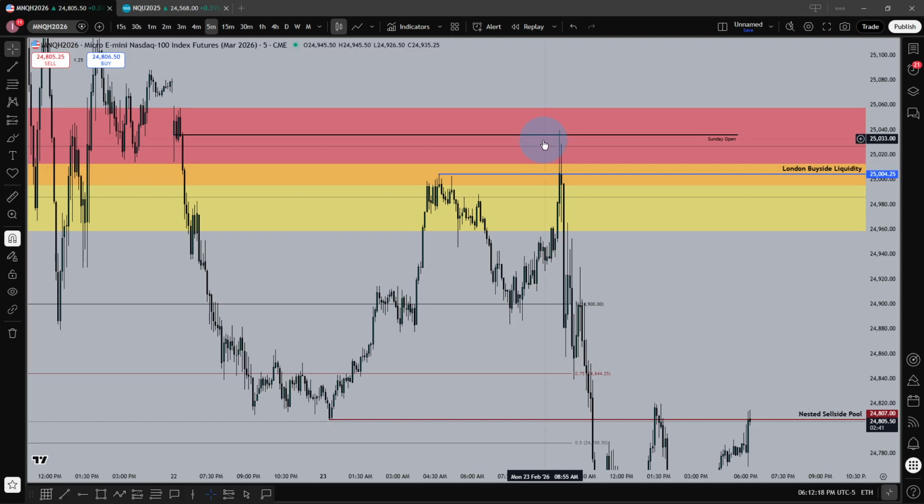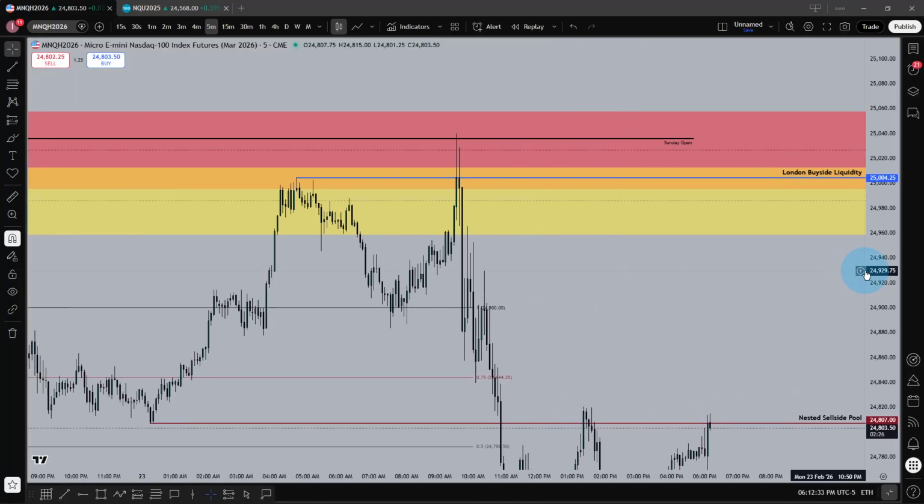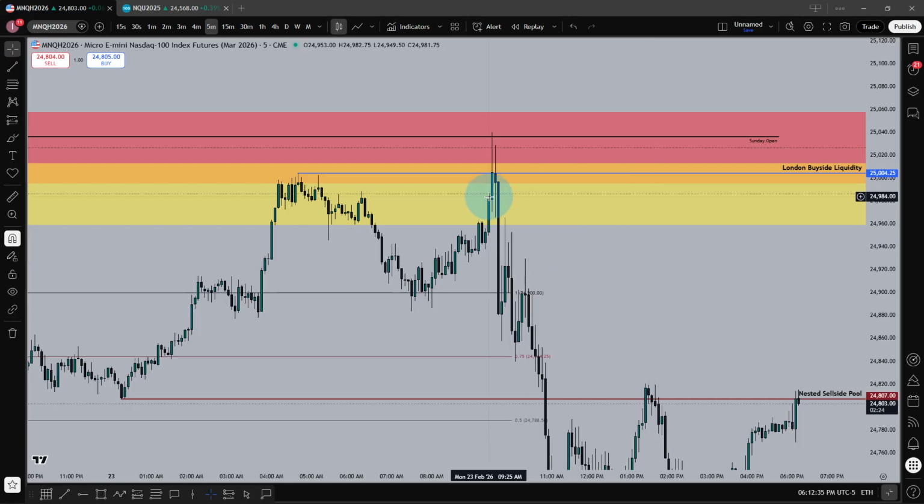We saw price move into that, and also we filled the consequent encroachment of the RTH opening range gap. That's just around this section here. It's near Sunday open. So that's what the 9:30 opening's main objective was.